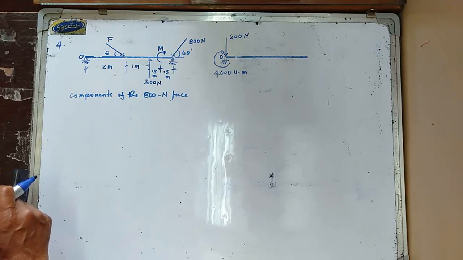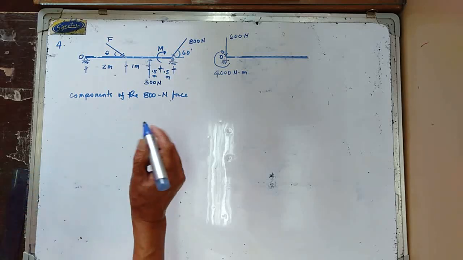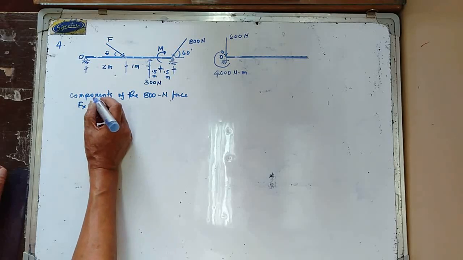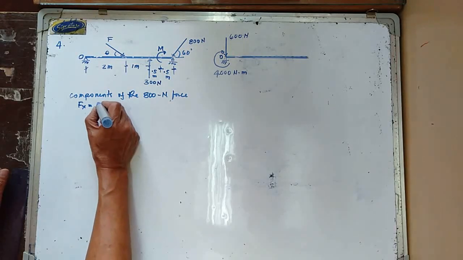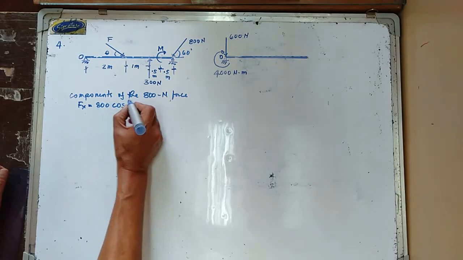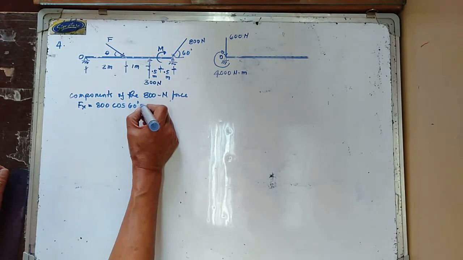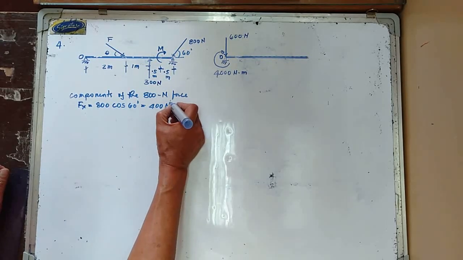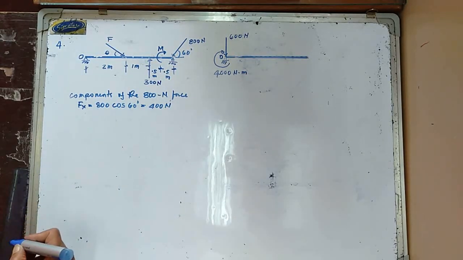Now, the components: Fx is equal to 800 cosine of 60 degrees, which is equal to 400 newtons.